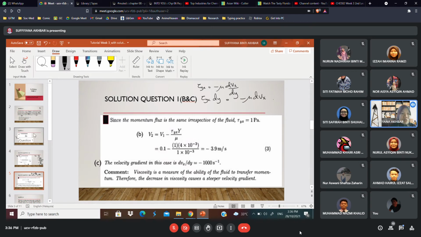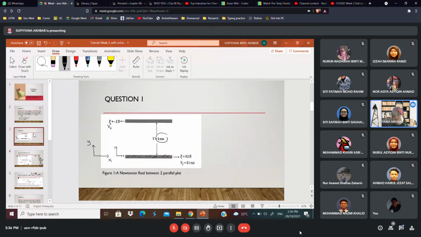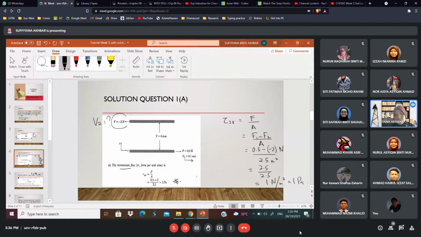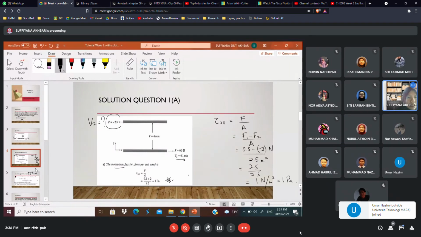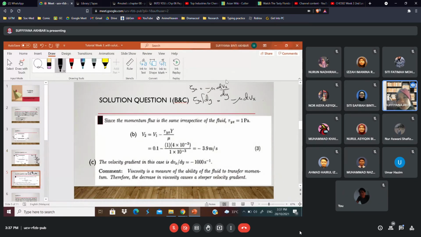Our initial condition is at this point, right? At y equals 0, V1 is 0.1 meter per second. At the final stage, we have V2 at the upper plate, so you need to include that condition. Here you integrate from distance 0 to y, and velocity from V1 at distance 0, to V2 at distance y, the upper plate.